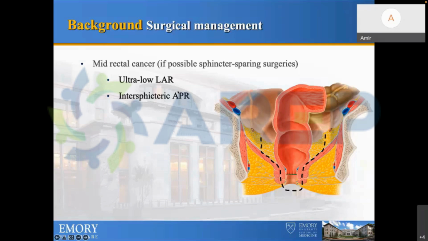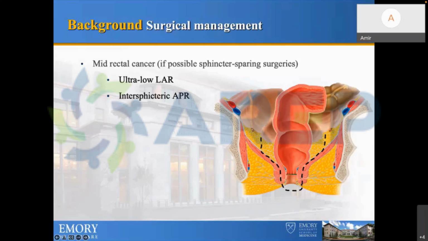What abdominoperineal resection is, basically, for low rectal tumors, they do a two-part surgery. They do a little bit of surgery in the abdomen. They resect, again, the rectum intra-abdominally with a little bit of mesorectal fat and fascia. And then they do a second part of the surgery from the perineum.